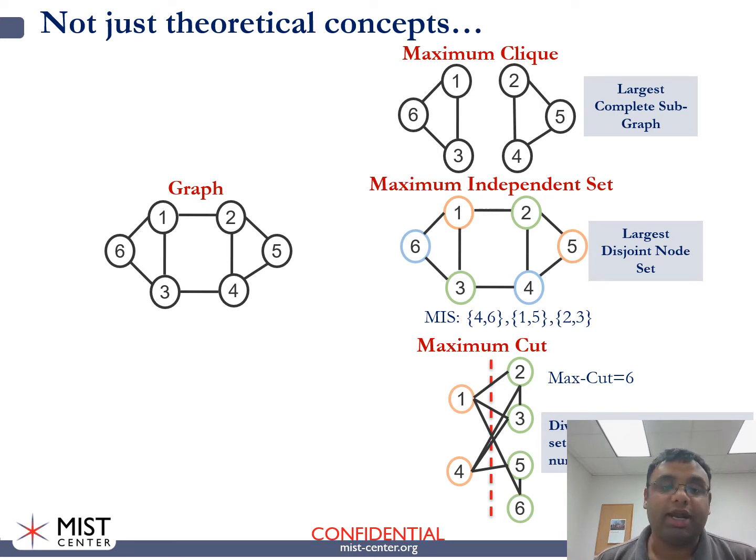So this graph on the left shown here essentially consists of nodes, which would be quantities, 1 through 6, and the edges between the nodes essentially represent the relationship between the quantities or the parameters.